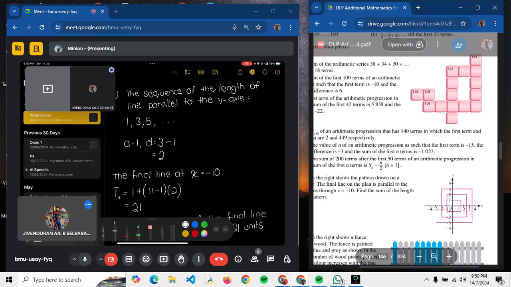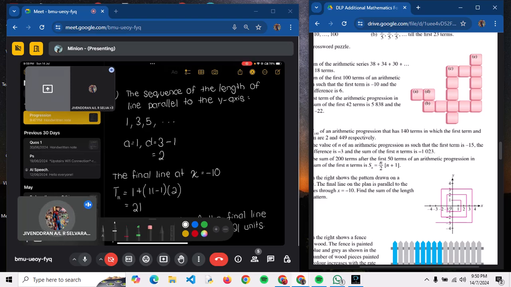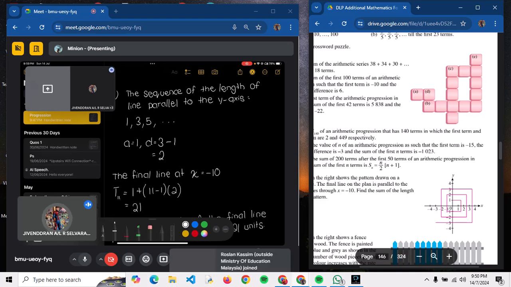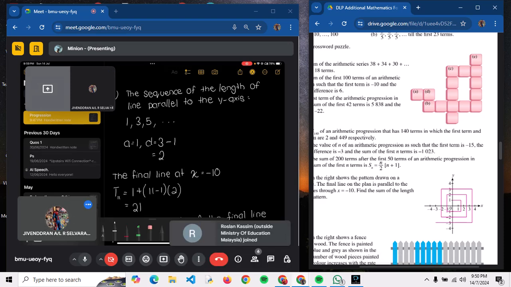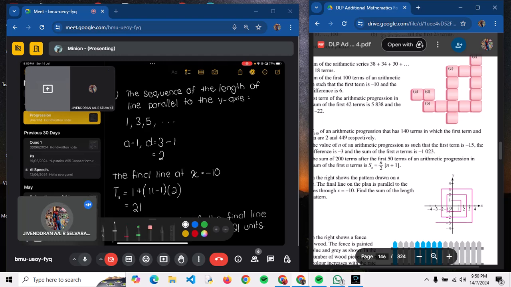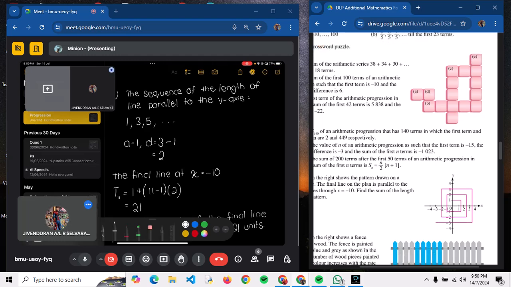That's because you see the diagram, the line that is straight towards the y-axis, parallel to the y-axis, it's from 2 to -1. Okay, so if you try to find the distance or the length, it's 2 plus -1, you'll get 1, and the second line is from the 3 to -2.